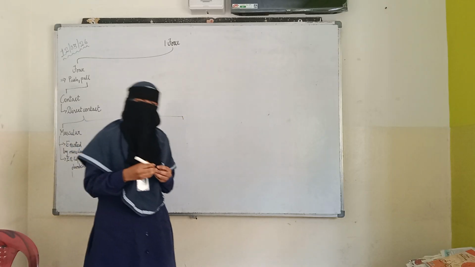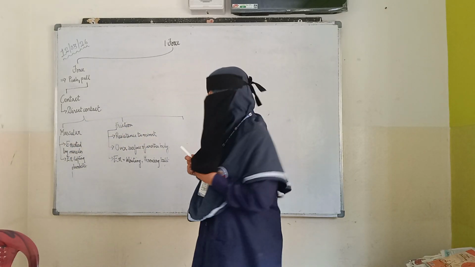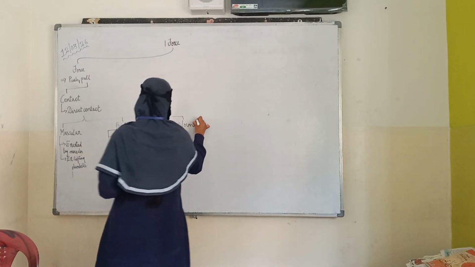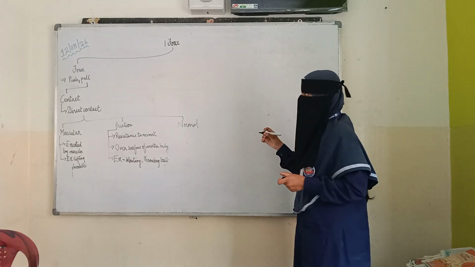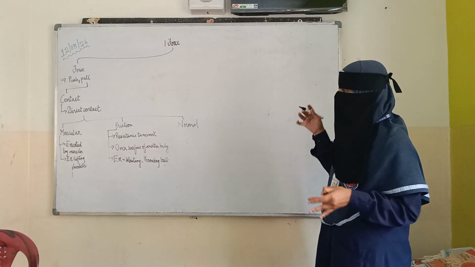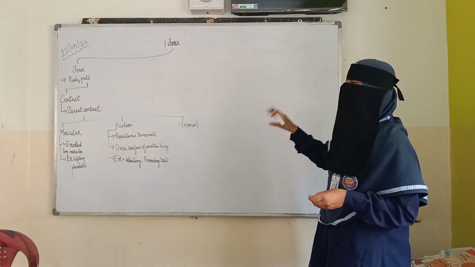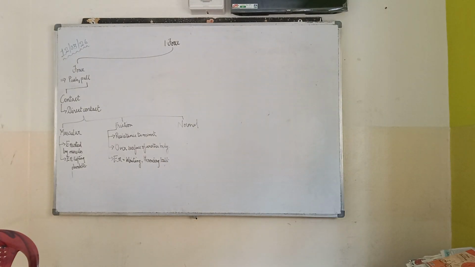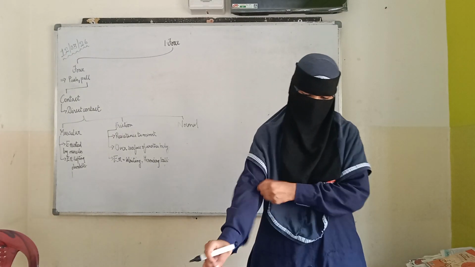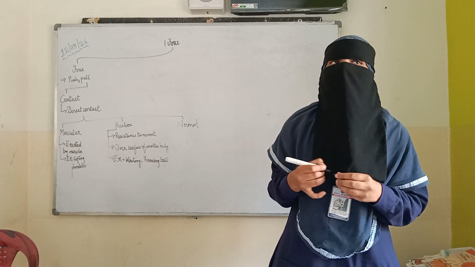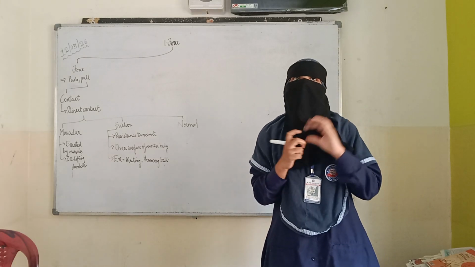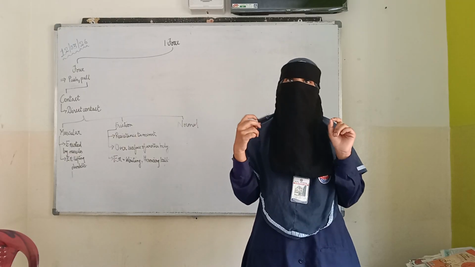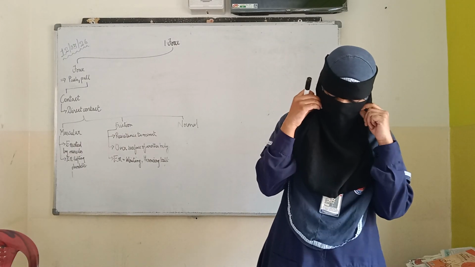The next contact force is normal force. In contact force, the types of force can be defined by their names itself. So, normal force is nothing but when a solid object exerts direct force on any object in the normal direction.